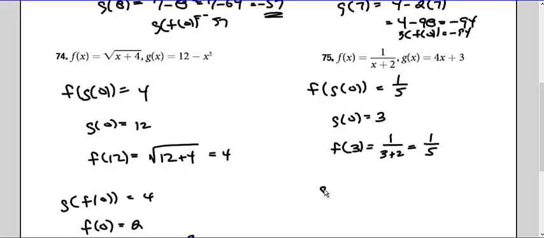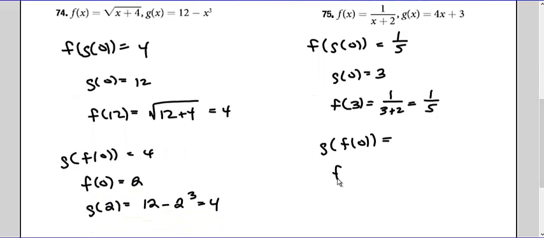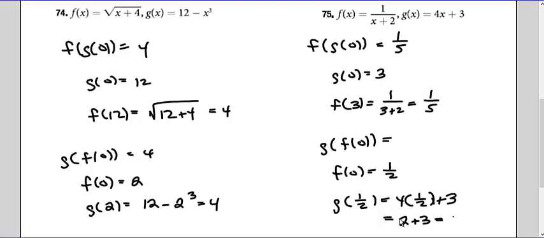And then we're going to have g of f of 0. So to do that, we need to do f of 0 first. So that's 1 over 0 plus 2, that's 1/2. And then we'll do g of 1/2. So we get 4 times 1/2 plus 3, and 4 times 1/2 is 2. 2 plus 3 is 5. So g of f of 0 is 5.